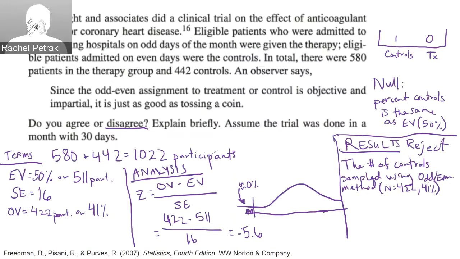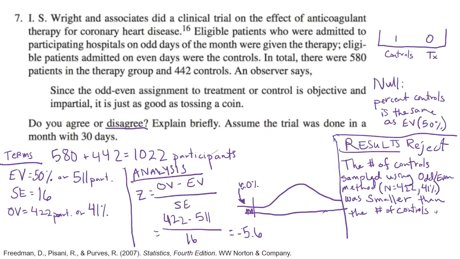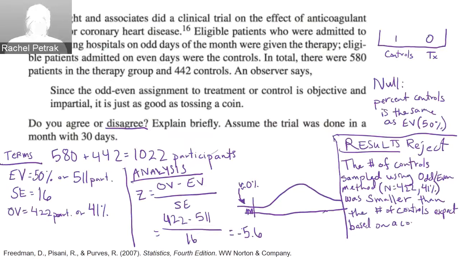The number of controls sampled using the odd even method was smaller. I'm stating the direction of the difference. It wasn't just different from what was expected, it was smaller than the number of controls expected based on a coin toss model.